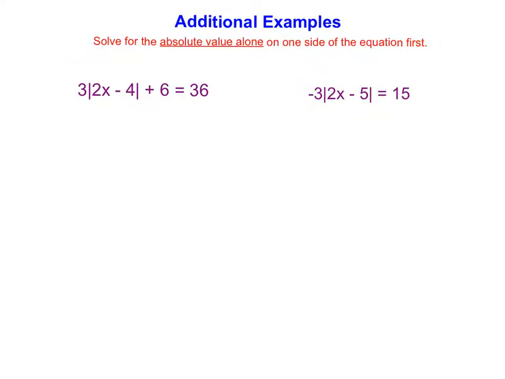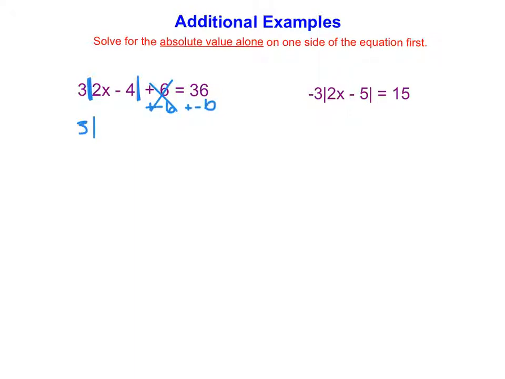So final examples here. Remember that our first step when we're solving absolute value equations is to get that absolute value by itself, because you cannot distribute in and you can't break anything out. So you have to get the absolute value alone first. We're going to do that in this first problem by adding negative 6 to each side, so those cancel out.